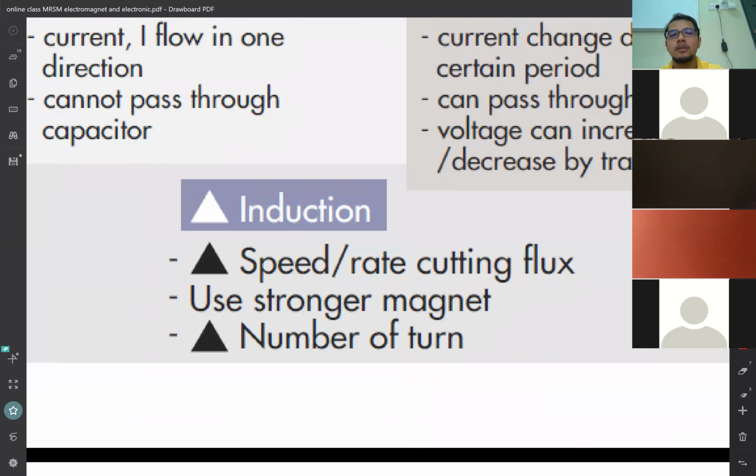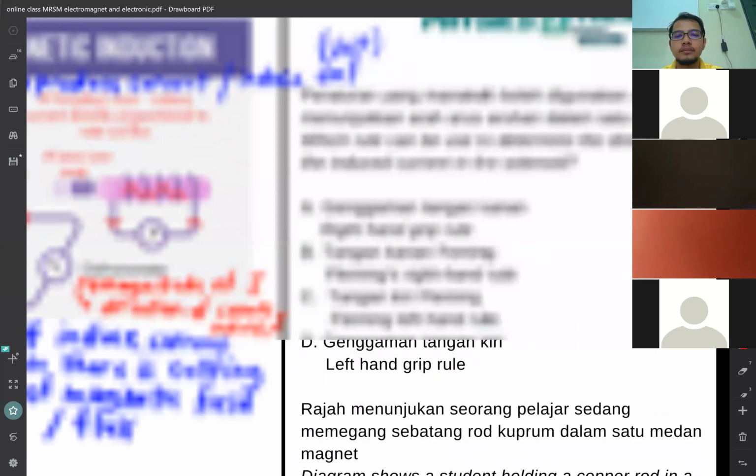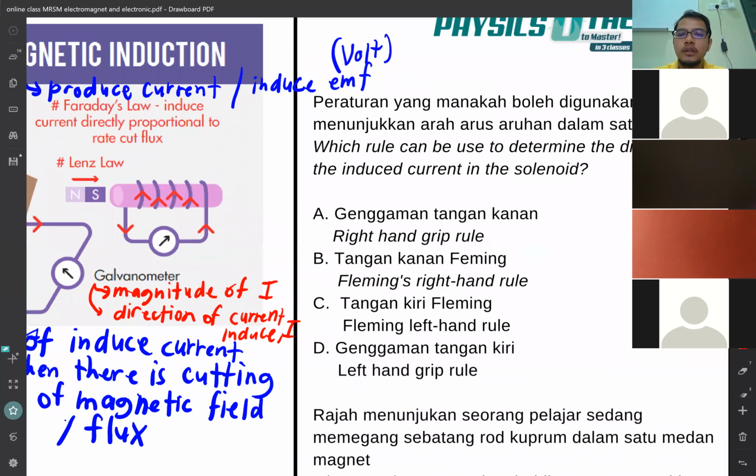So we go to the question. First question is, which rule can be used to determine the direction of induced current?